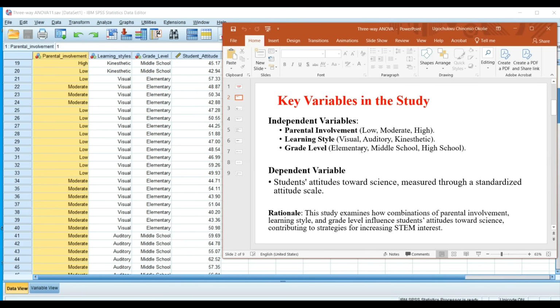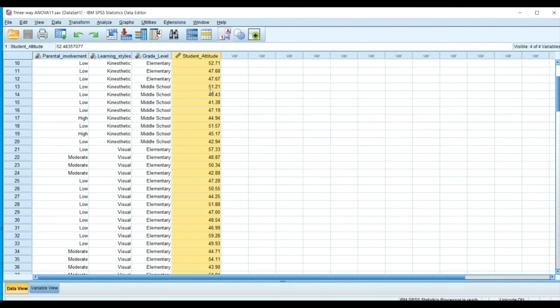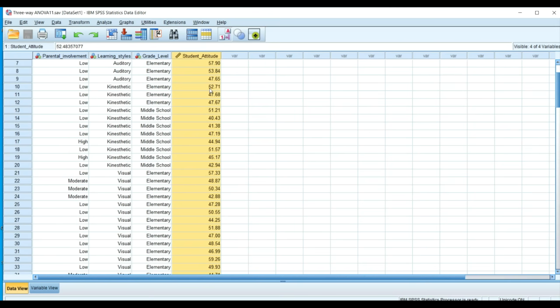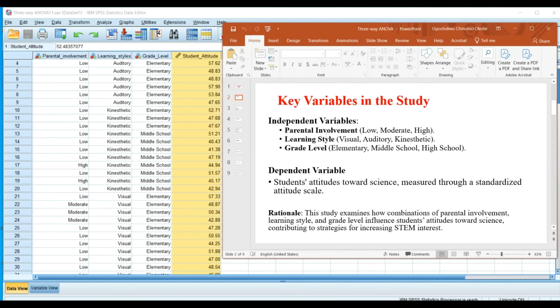Then grade level: elementary, middle school, high school. And the dependent variable, which was measured using a standardized attitude scale, is presented as a continuous variable. So this is continuous, while the independent variables are categorical.